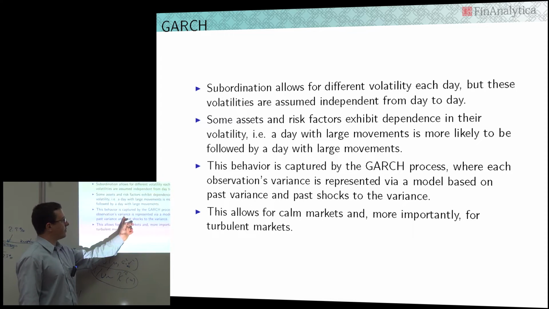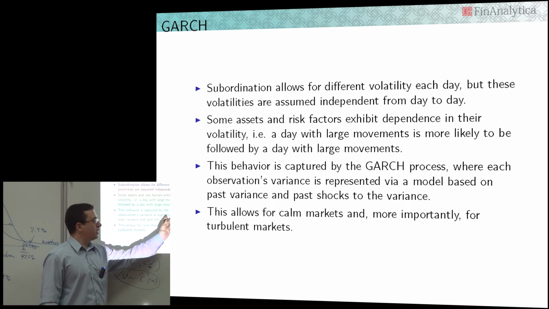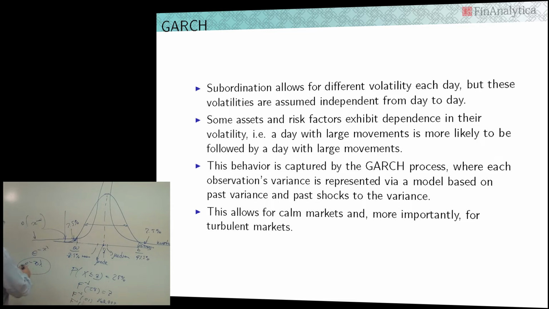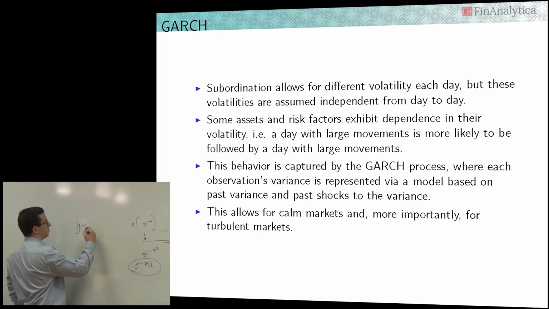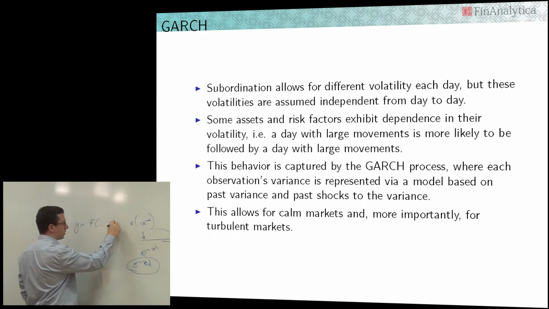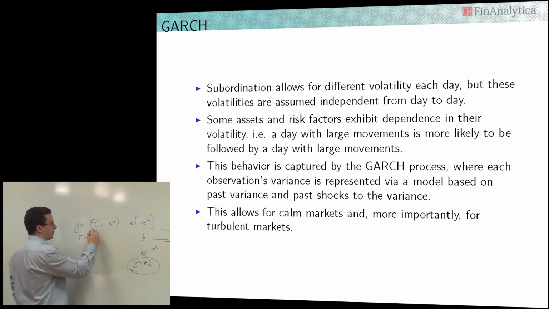Each observation's variance, not so much the observation, but rather its variance, is represented with a model. So you have a model for, this would be some model F of some variables, and somewhere around here we'll have a variance, and the variance will have a model for itself.